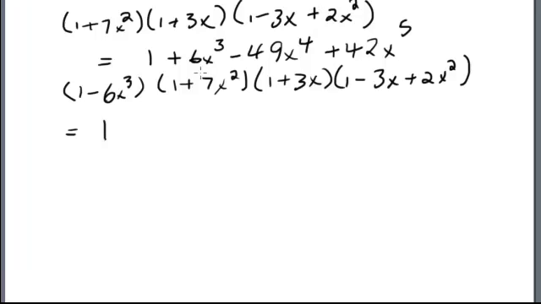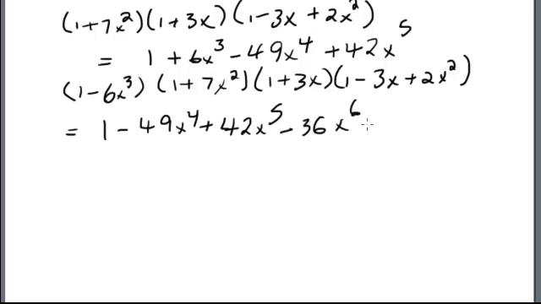The 6x cubes are gone. Let's see what we got. 6 times 6 is 36x to the 6th, so we pull down everything before the x to the 6th term: minus 49x to the 4th plus 42x to the 5th. Now we got minus 36x to the 6th.